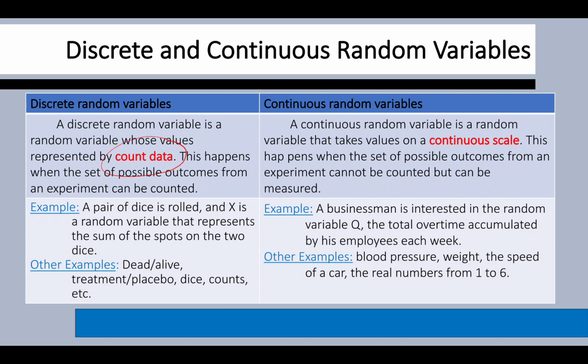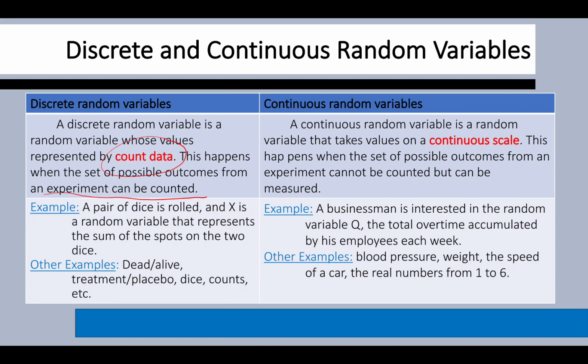This happens when the set of possible outcomes from an experiment can be counted. Kapag nabibilang natin yung outcome ng experiment. Bibilang lang tayo ng number of dots, ng check marks, kung ilan yung tinamaan mong sagot, ilan yung yellow ball, ilan yung iPhone na nabenta mo, ilang ice cream, ilang shawarma. Kaya napakadali niyan kasi discrete yan.